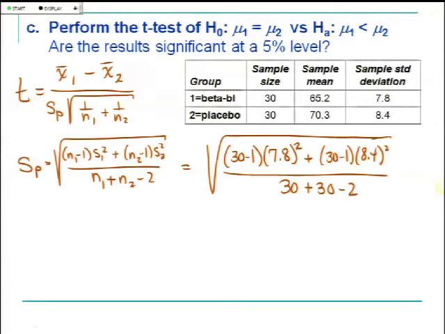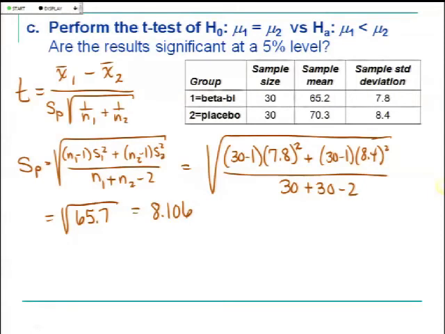If I forgot to do the large square root along the way, I would get underneath that square root 65.7. And 65.7 doesn't look reasonable as an idea of S, a pooled S, between 7.8 and 8.4. If you take the square root of 65, you will get an answer that's much more reasonable. 8.106, carrying it out a little bit.